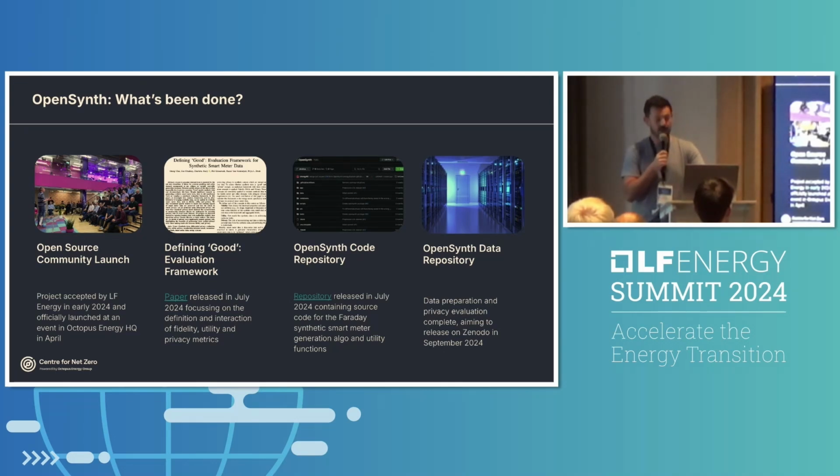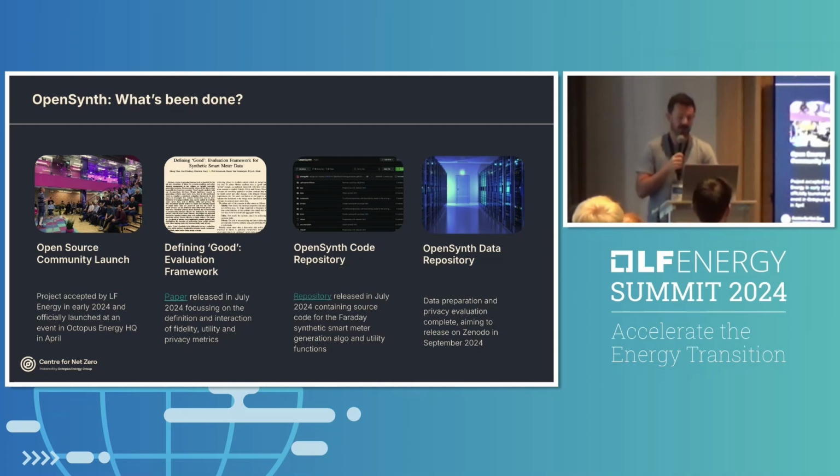In July, we released an academic paper called Defining Good, which was meant to be a start of an evaluation framework for synthetic smart meter data. So we think for people to really trust this data, we need to put quite a lot of work into making sure that it's not only actually private, but it can be used in place of real smart meter data, and we need to define the metrics that actually quantify this.